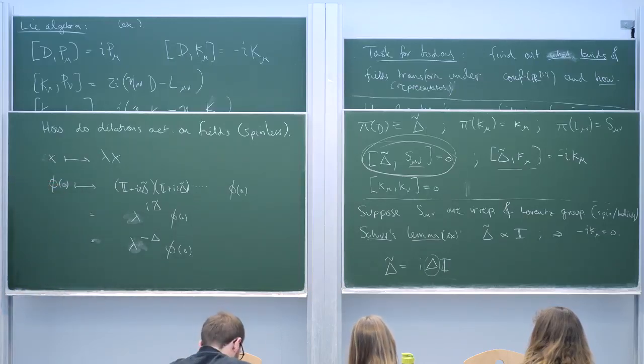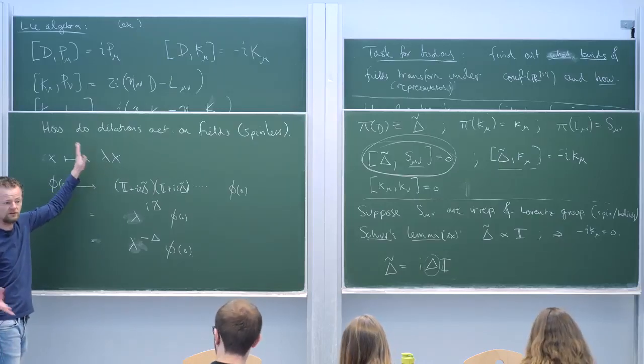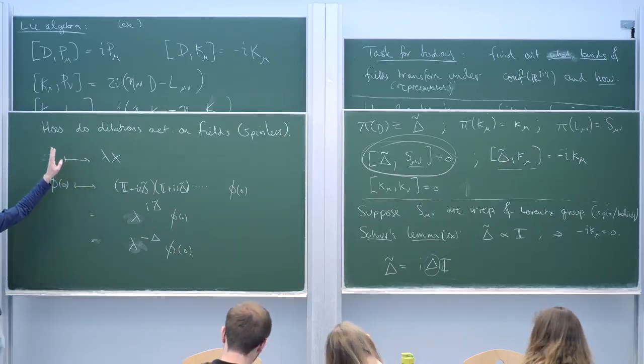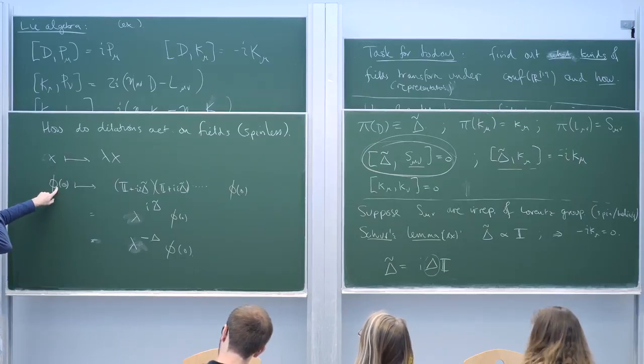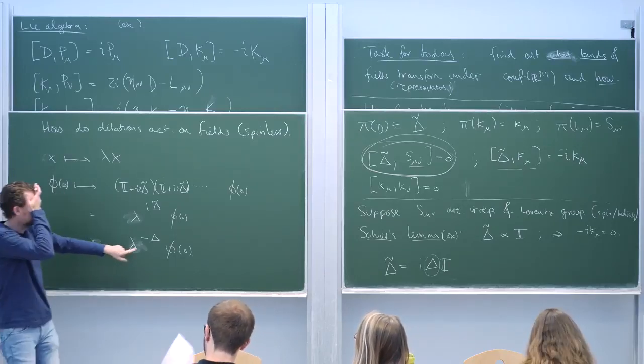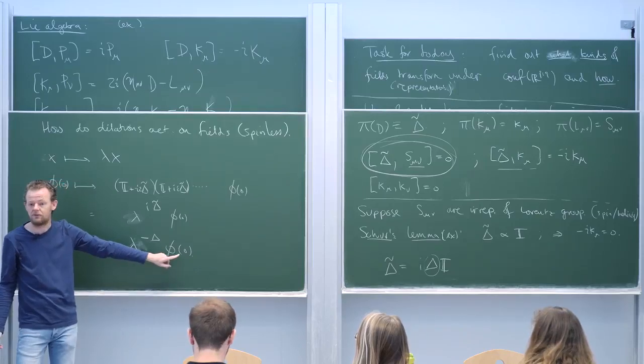So there's the fundamental result. If you do a scaling transformation, dilation, this is an additional transformation that comes from conformal symmetry, then your field at the origin transforms to some scalar factor times the field at the origin.